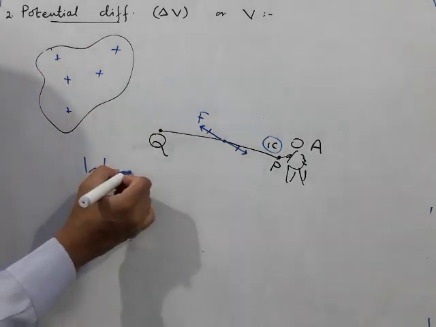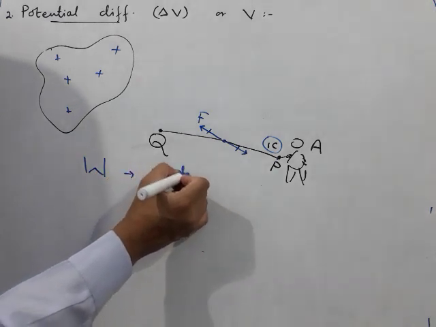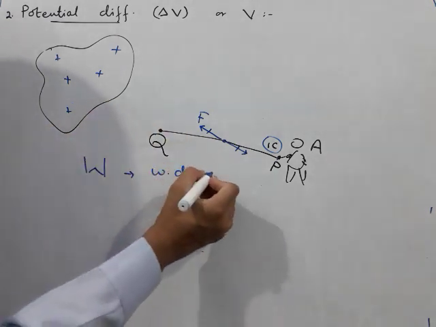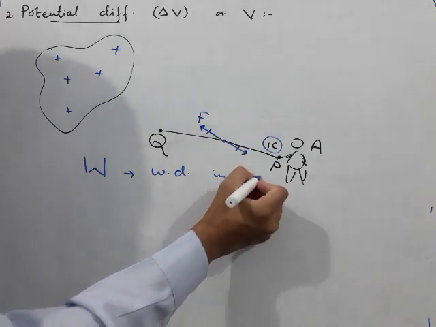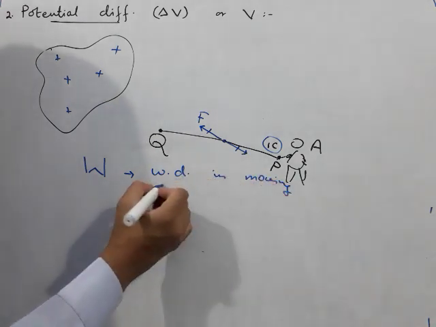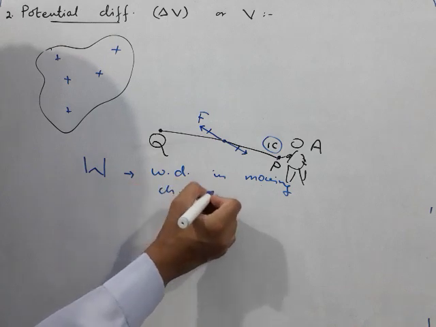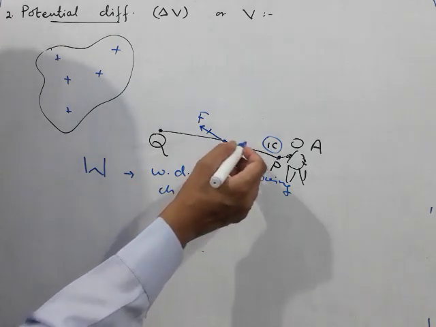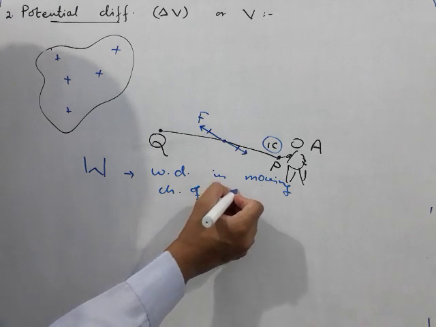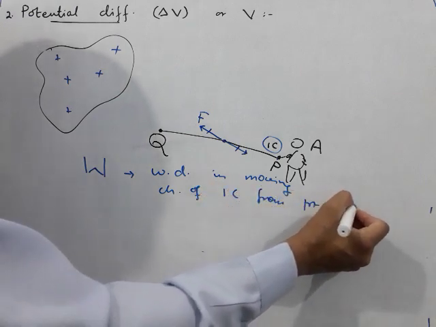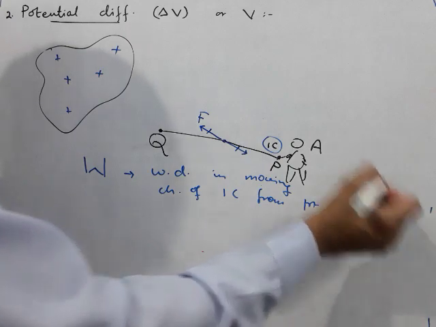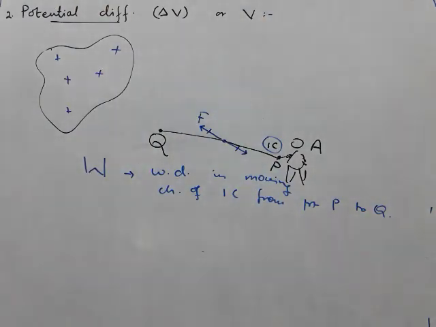What is W? W is the work done by the external agent in moving or carrying charge of 1 coulomb from point P to Q. So there are 2 points P and Q. In carrying a charge of 1 coulomb from P to Q, the person does how much work?